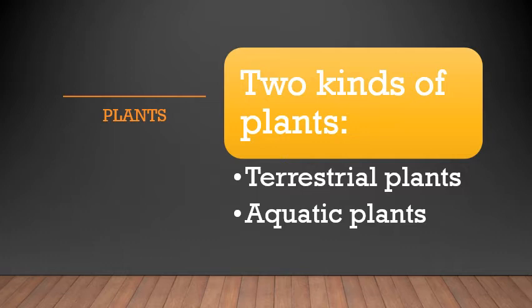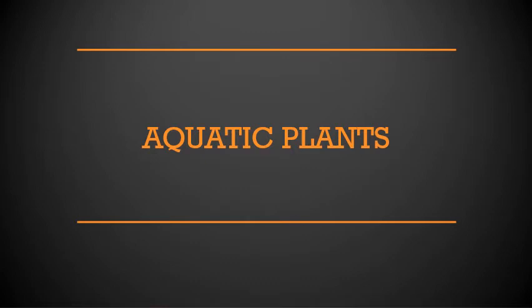Terrestrial plants and aquatic plants, these are the two different kinds of plants. Let's see what is an aquatic plant and what is a terrestrial plant. First, to begin with, we are going to see what are the aquatic plants.